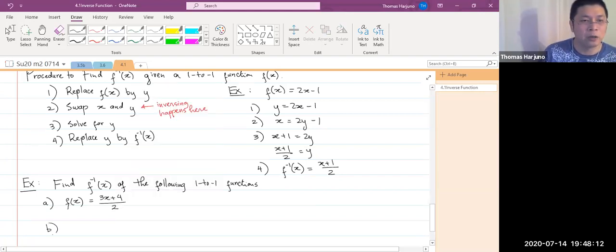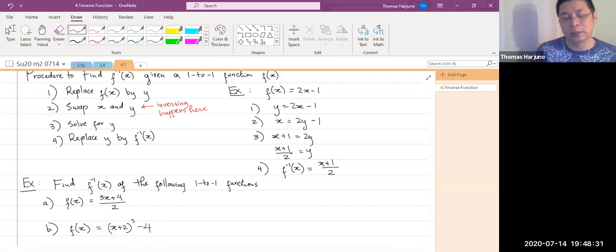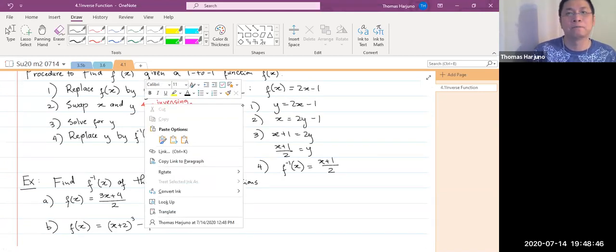And the second one, f(x) equals (x plus 2) cubed minus 4. Try these two questions first, and then maybe I give 5 minutes, and later on I will go over that and do more problems to find inverse function. But the procedure will be like that.